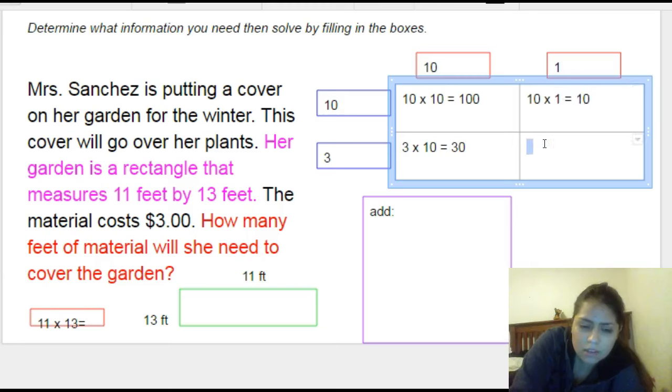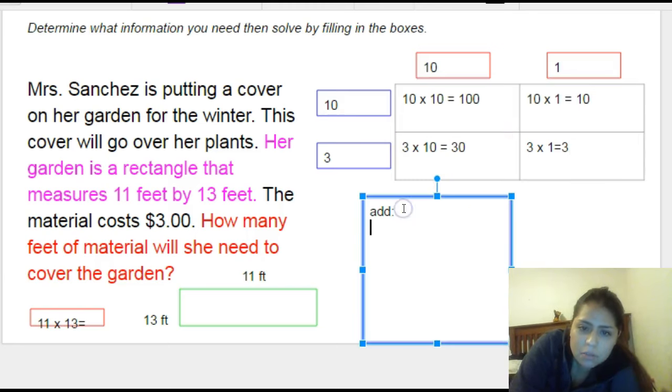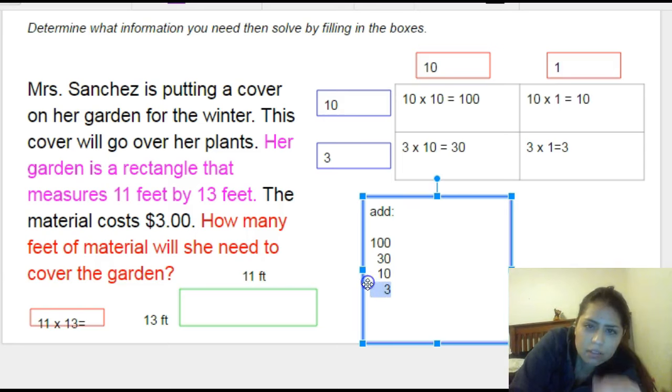And then 3 times 1 equals 3. Okay, so I've got my answers there. I still have to add these up: 100 plus 30 plus 10 plus 3.